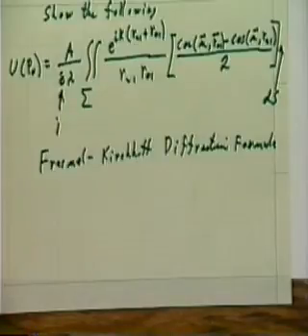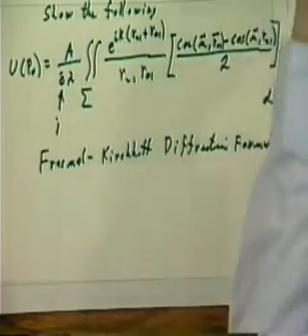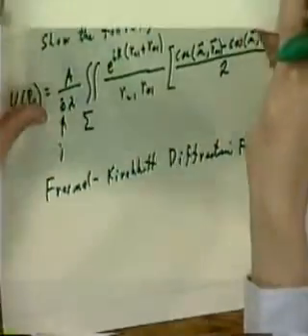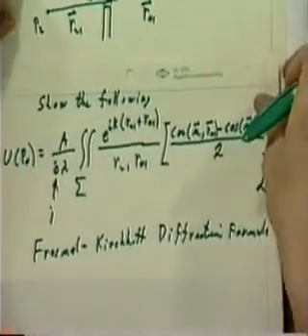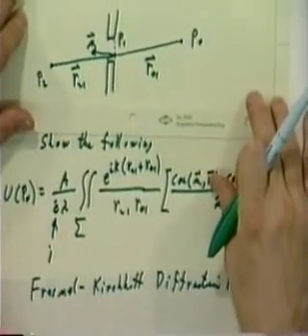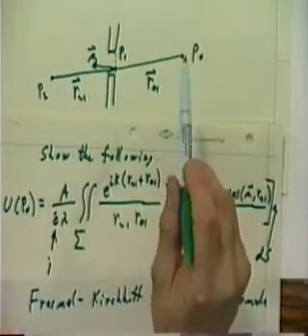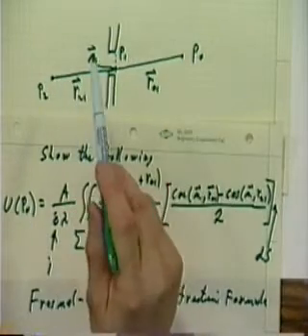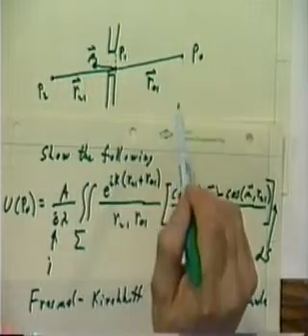Well, one thing, if we think about this for a second, this is kind of reciprocal. This is reciprocal between P0 and P2. If I put something here, I get some disturbance over there.